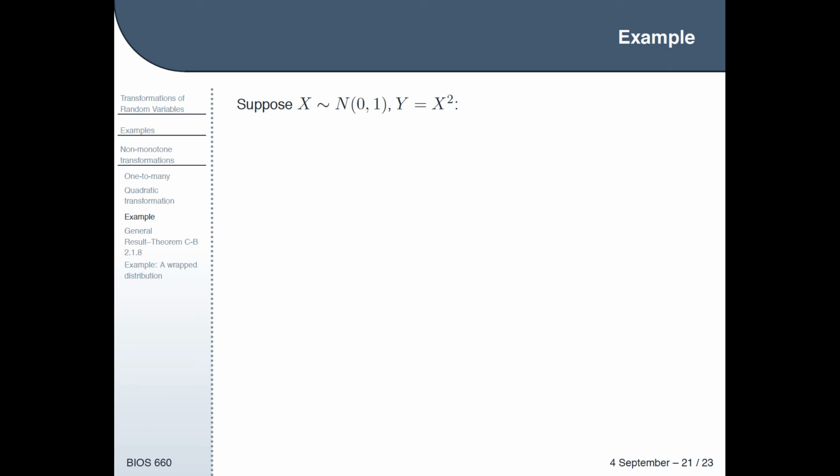So, an example of this that will hopefully make this a little clearer: say x has a normal distribution, and we want to find the distribution of y equals x squared. I should clarify, standard normal distribution here. Density for the standard normal distribution is 1 over the square root of 2 pi times e to the minus x squared over 2.